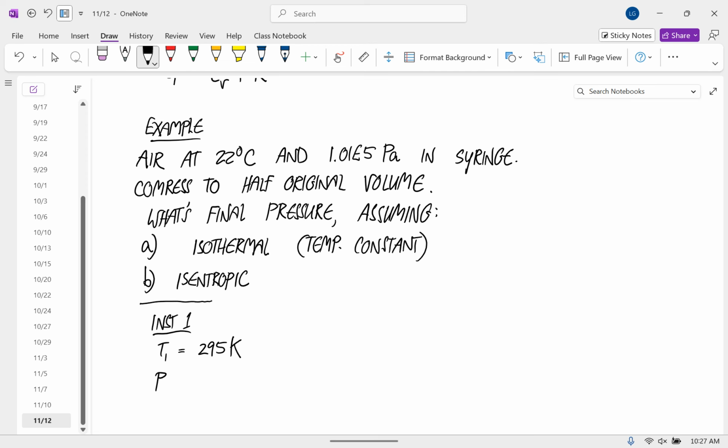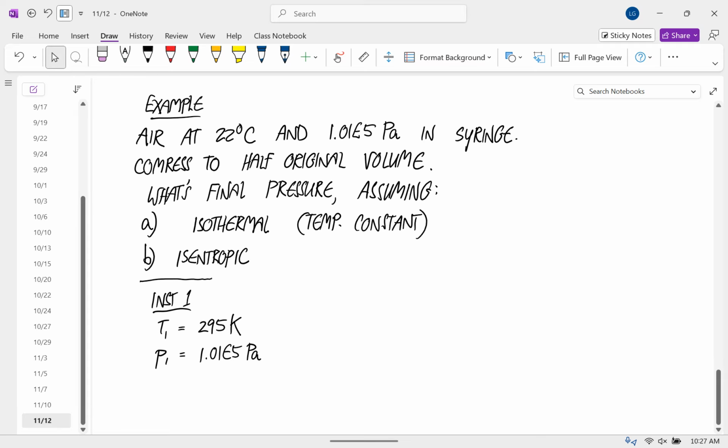We have a pressure P1 of 1.01 times 10 to the 5th pascals. And I'm just going to call the volume V1, the specific volume. Sure, I'll call it V1.